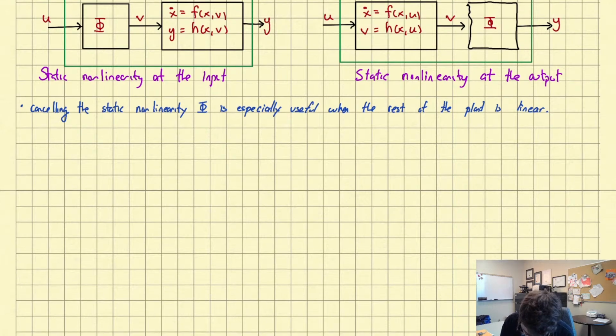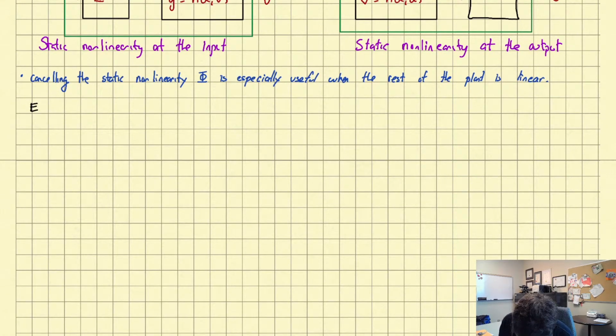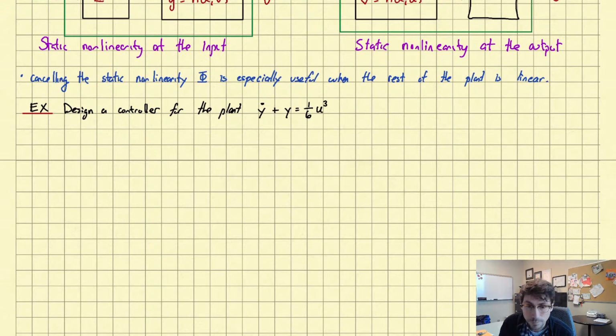It's similar to one in the notes, but not exactly the same. Okay, we want to design a controller for the plant. Notice that we have this nonlinear term showing up at the input, U cubed.